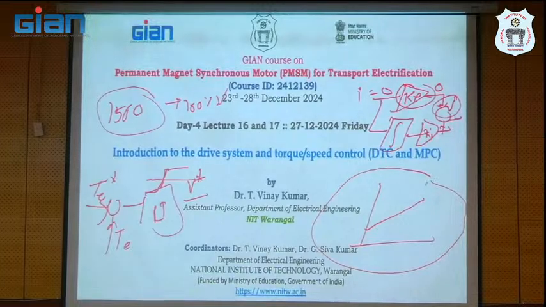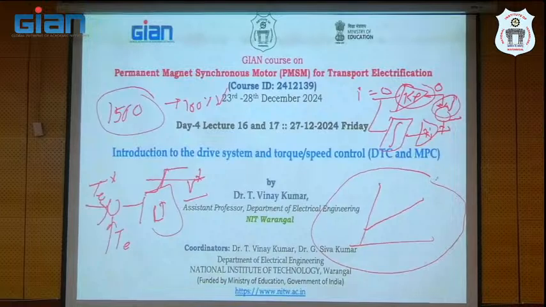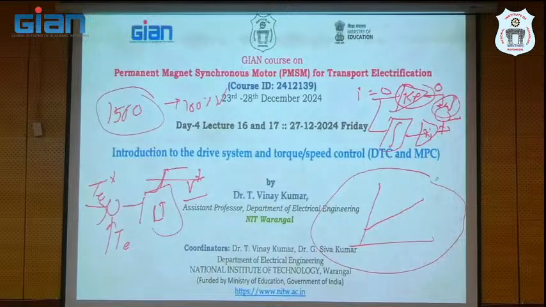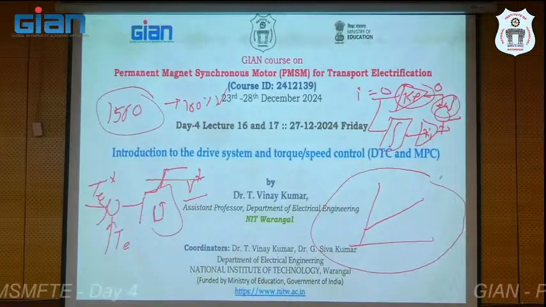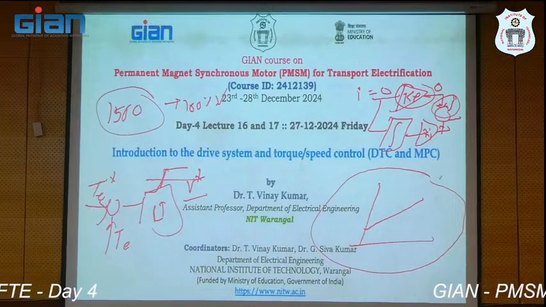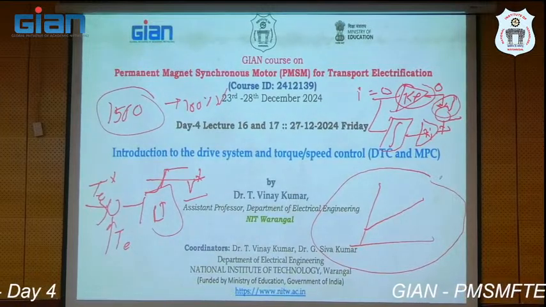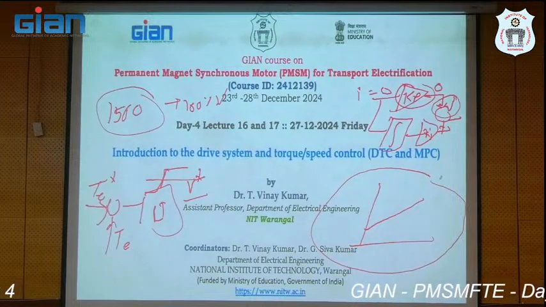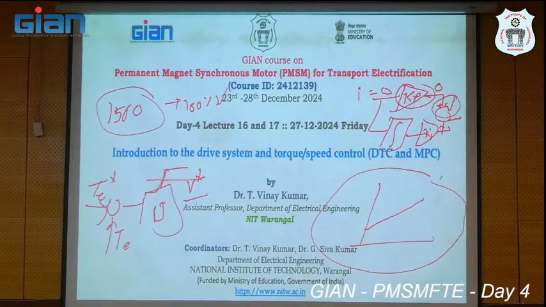If the reference speed is 1500 RPM, don't think 100% voltage and 100% frequency will be applied across the motor terminal initially. Initially, even if the reference speed is 1500, the rated speed, the applied voltage across the motor terminal is only 10 to 12%. Frequency is also 10 to 12%. Because of this reason, we are able to control the current.